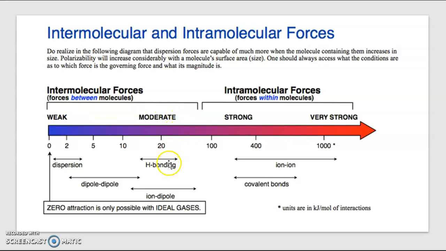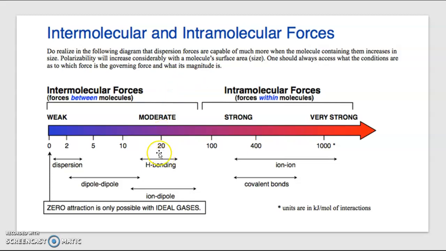The hydrogen bonds only happen when we have one atom of hydrogen and one of these three elements, fluorine, oxygen, or nitrogen, which are, in this order, the most electronegative atoms in the periodic table.